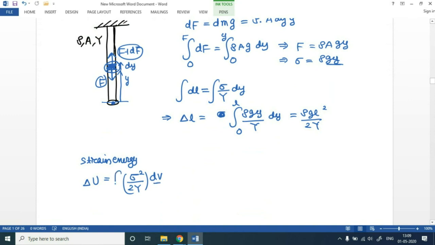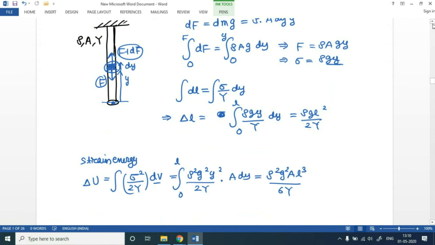When we integrate over initial to final value, we will get the total strain energy stored. Now let's substitute all the values. The value of sigma we already know, so that would be rho square g square y square upon 2Y, and dV obviously is A times dy. We need to integrate it from 0 to L, and that will give you rho square g square A L cube upon 6Y over here. So that's the idea.